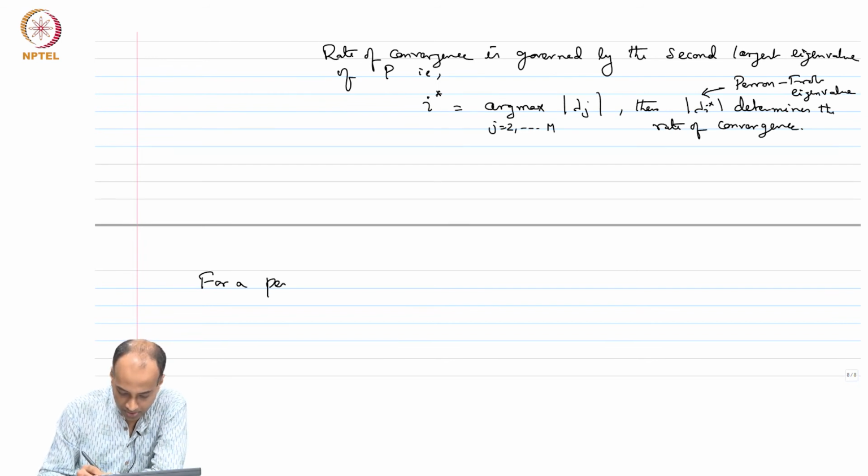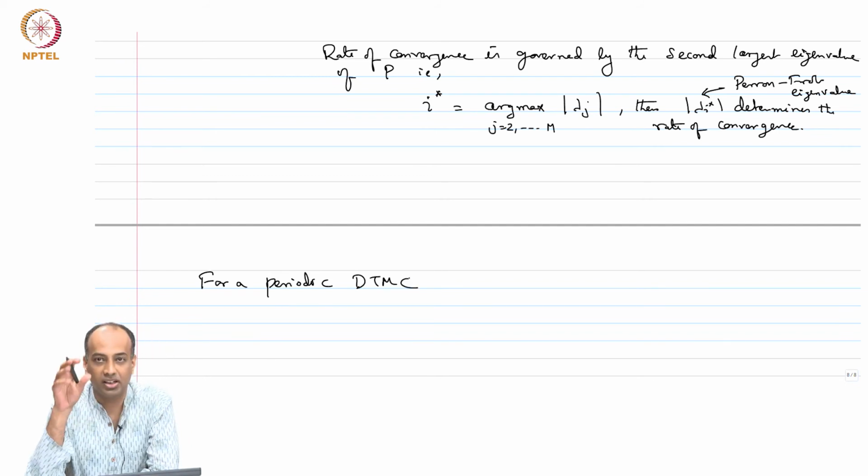For a periodic DTMC, let us say I have one recurrent class and that recurrent class is periodic.